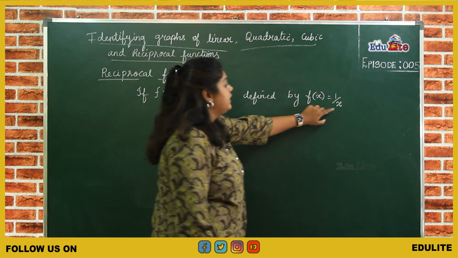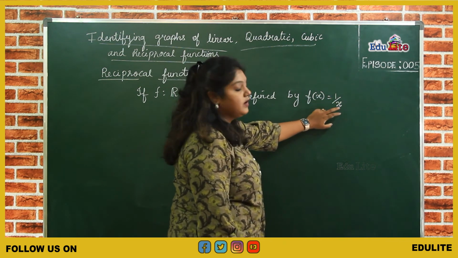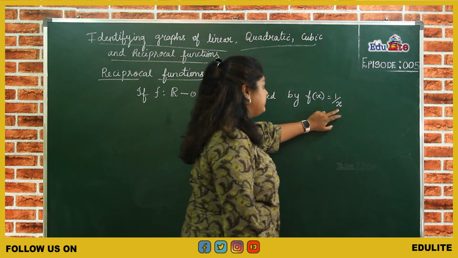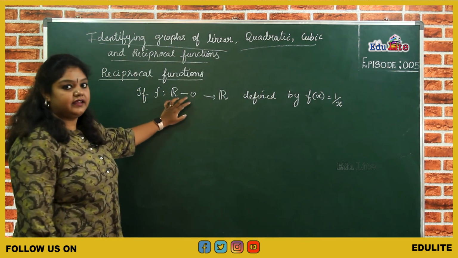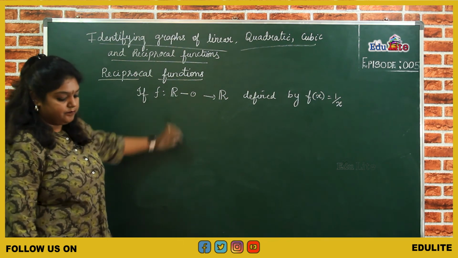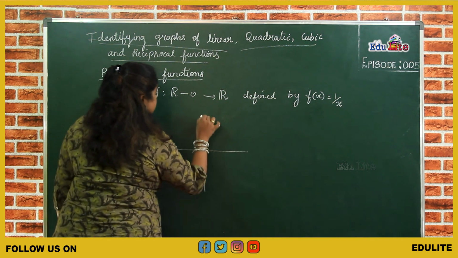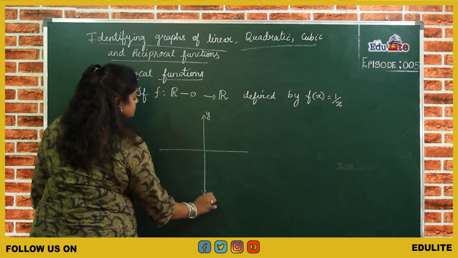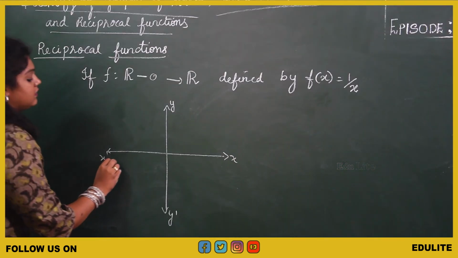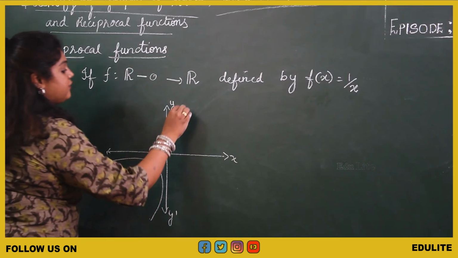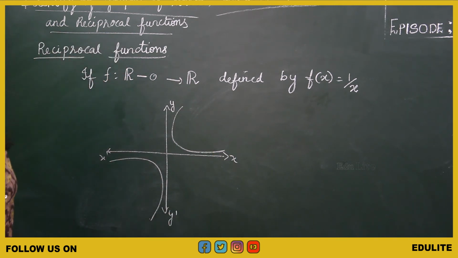Why is it so? If we take 0, f of 0 will become 1 by 0. Anything divided by 0 gives us infinity. So in a reciprocal function, 0 is not included in the real numbers. The curve of a reciprocal equation is represented as such.